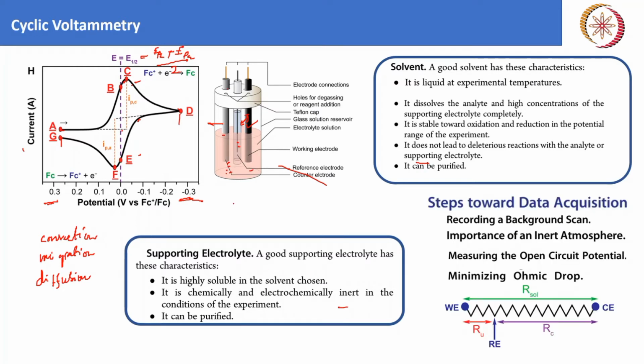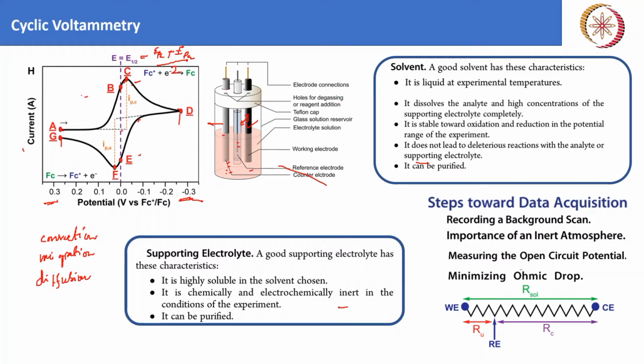So first we have to do the background of the solvent and the supporting electrolyte. Then we can see that whatever potential window we are doing the measurement for your analyte in, your supporting electrolyte as well as your solvent should be inert.